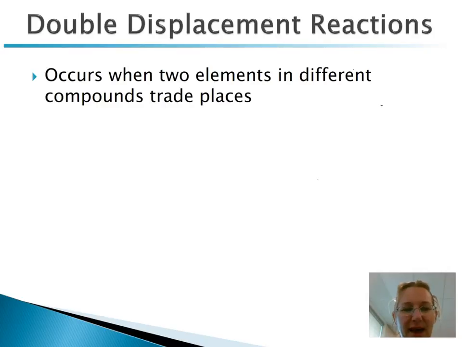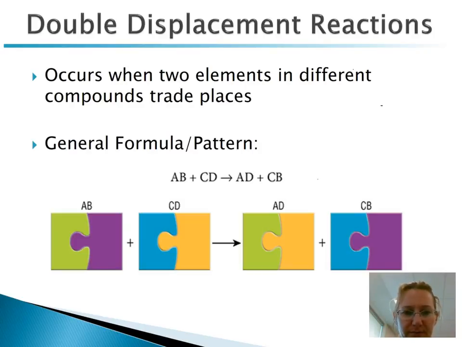So basically the two elements in the different compounds trade places. So if we look at the general pattern for that, we'd have a compound AB, and we'd have a compound CD. So we're starting with two compounds here, and A comes in and displaces C, and C would come back and bond with B. So we get A bonded to D, and C bonded to B.